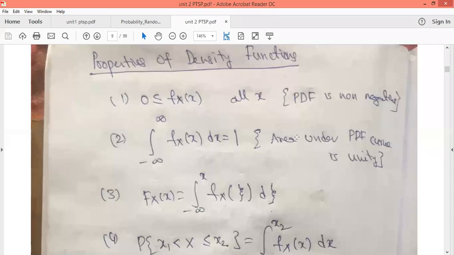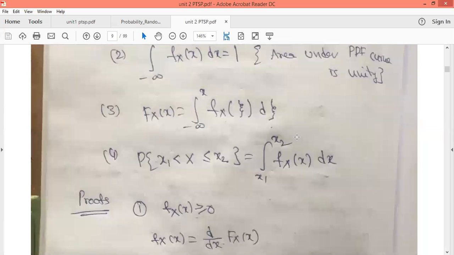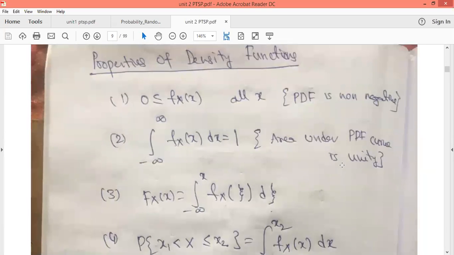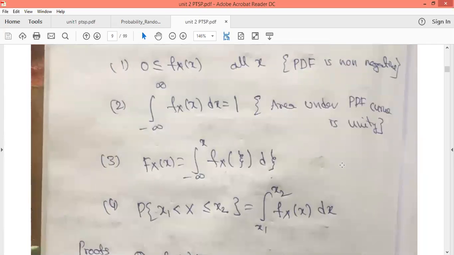So capital Fx of x, the distribution function, is equal to the integral from minus infinity to x of fx of psi d psi. And the fourth property says that the probability of x1 less than x less than or equal to x2 is equal to the integral from x1 to x2 of fx of x dx.